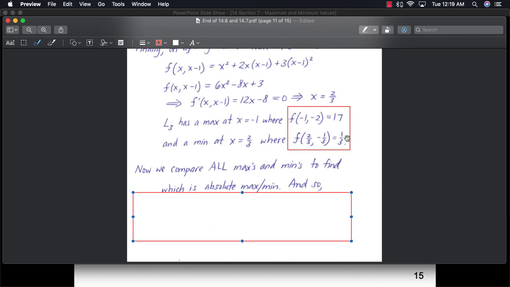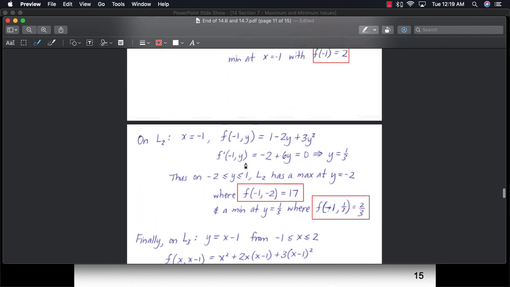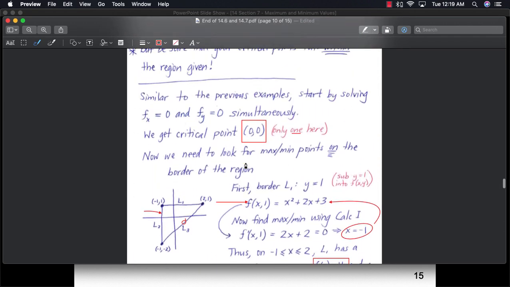Now, we can say that this 1/3 could possibly be my absolute min, and the 17 here could be my absolute max. But let's not forget, if we scroll back up to the very beginning of this problem, we also had this point 0, 0. This point 0, 0 is well within the region. It's right here at the origin, in the middle.